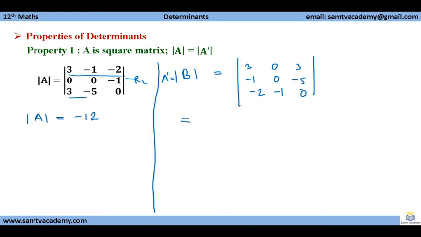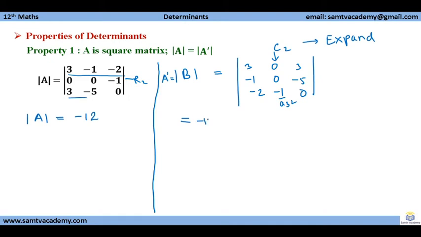Here we can expand along column C2, because 2 zeros are there, so it will be easy to calculate. We don't want to calculate for these two elements. So directly we see the location of this element, which is a32.